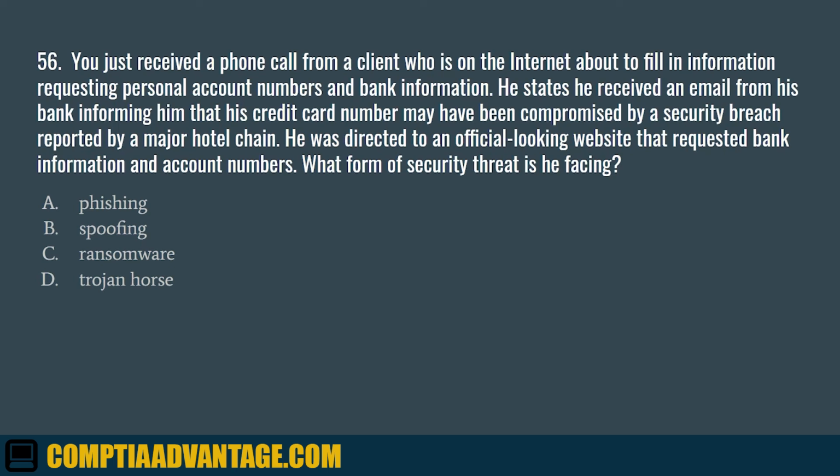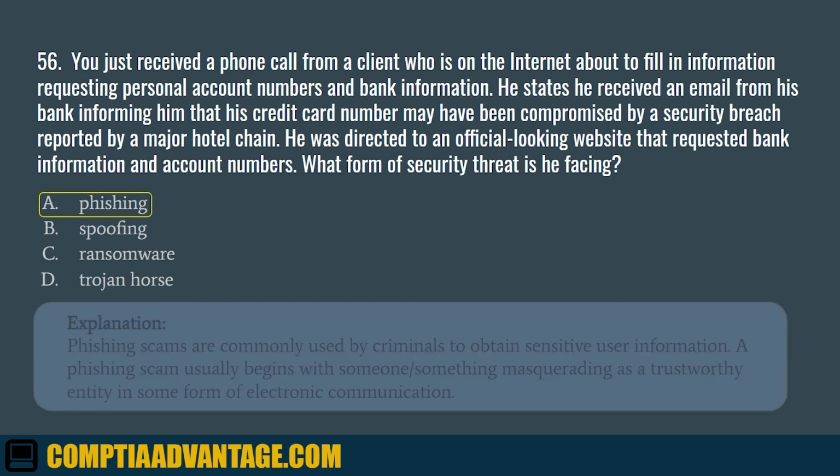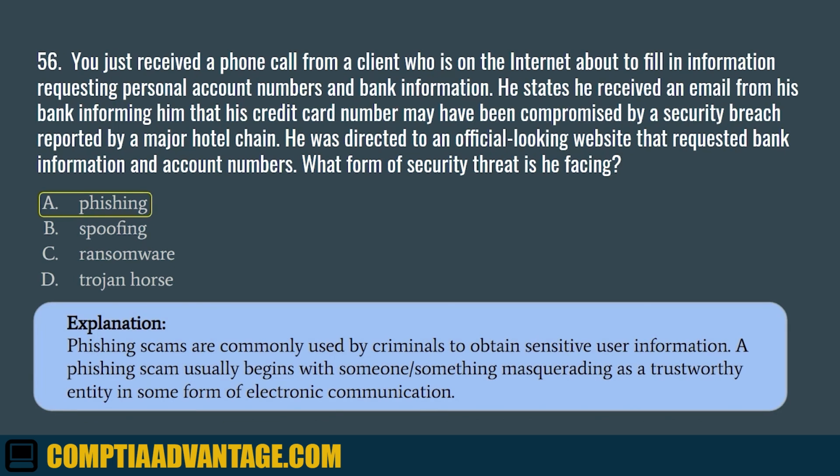B. Spoofing. C. Ransomware. D. Trojan horse. The correct answer is A. Phishing. Phishing scams are commonly used by criminals to obtain sensitive user information. A phishing scam usually begins with someone or something masquerading as a trustworthy entity in some form of electronic communication.